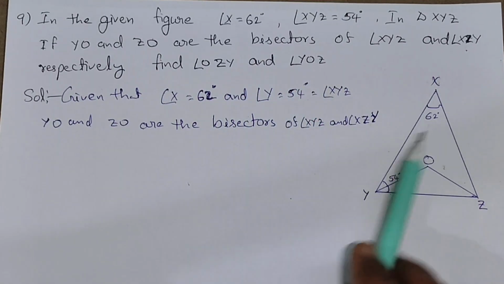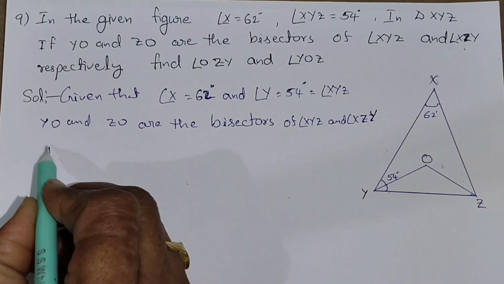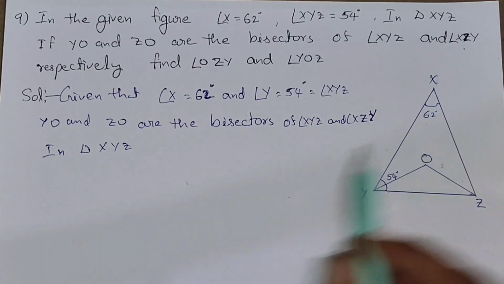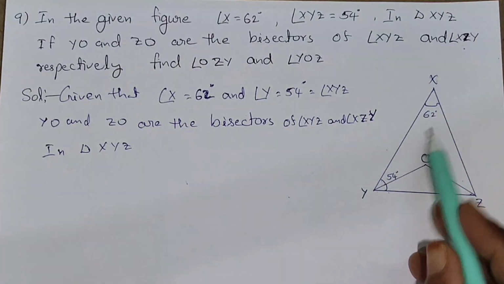First, in triangle XYZ, two angles are already given.